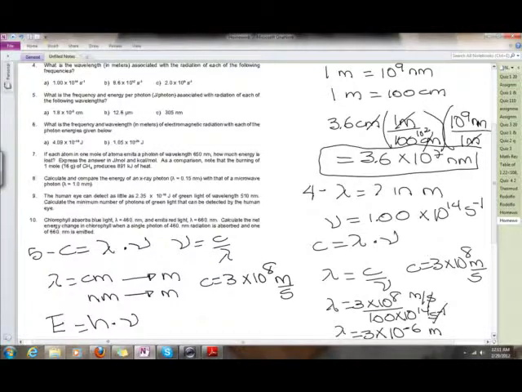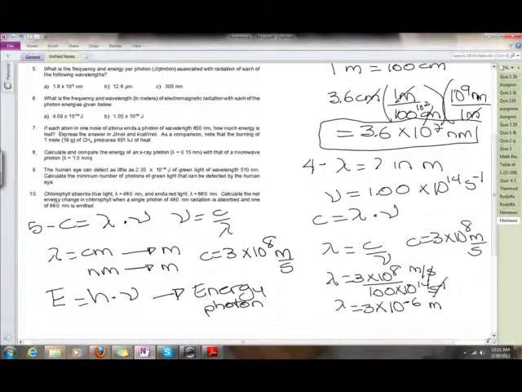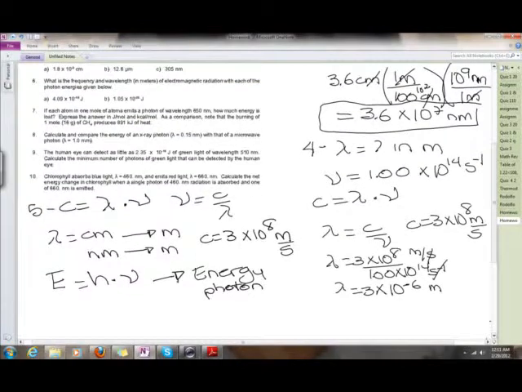You plug in the constant and the frequency you found in the first part of the problem, and this gives the energy per photon. The photon is the minimum amount of energy, like a package of energy. It's quantized, the quantum of energy.